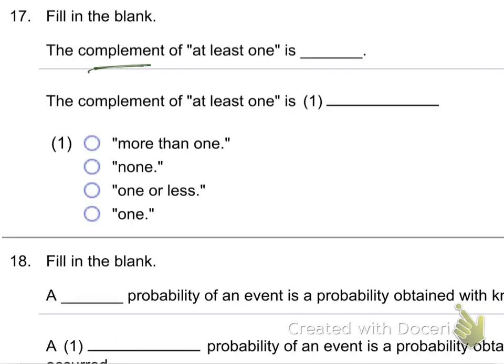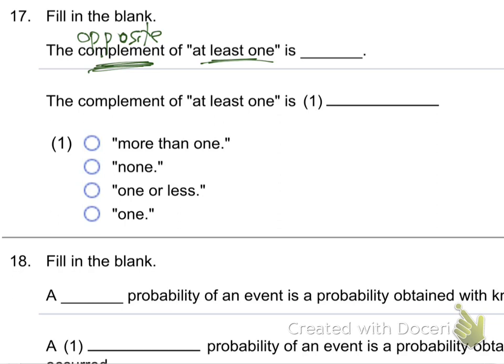The complement, what does complement mean? Opposite. The opposite of at least one, the complement. It's weird that complement means opposite. I always think about it as saying, you're such a great probability. It's not that kind of compliment. Like, that complements your personality.